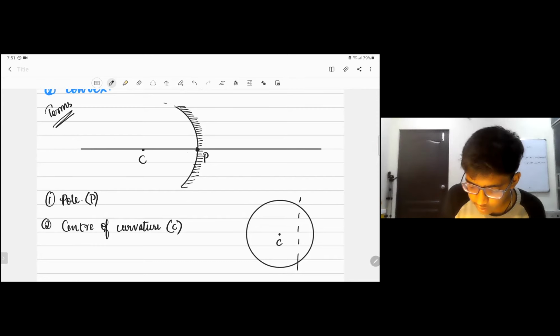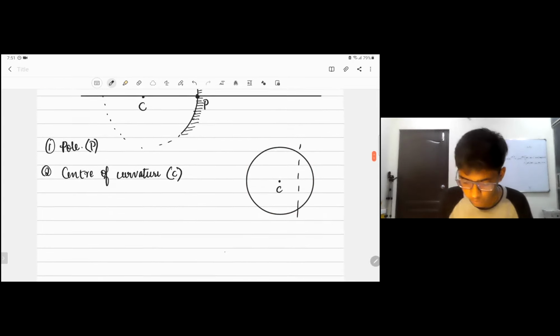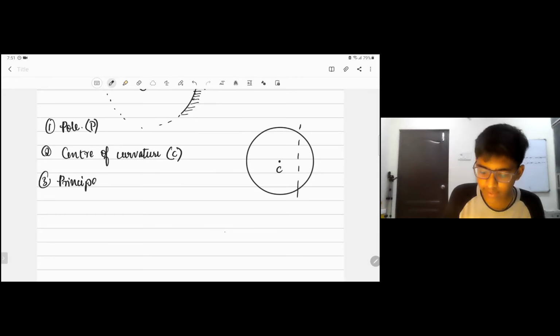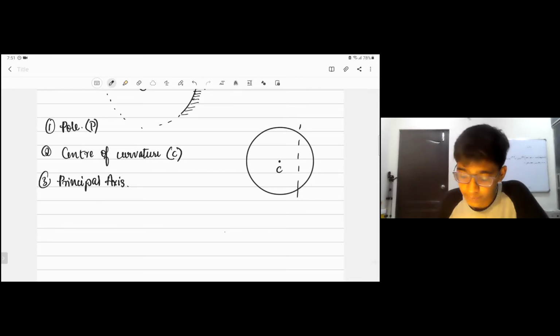If I draw a hypothetical sphere, this is the center of curvature. Now, the third term is the principal axis. The principal axis is an imaginary axis. It is not present really, but we have created such an axis to make our concepts very clear.